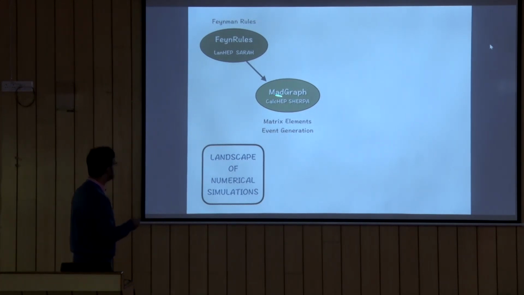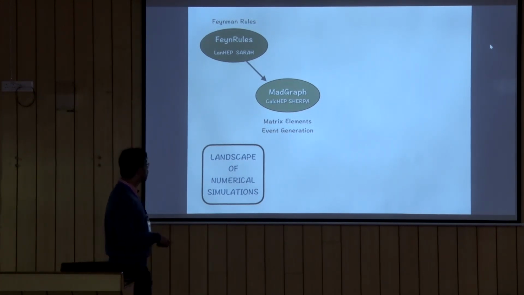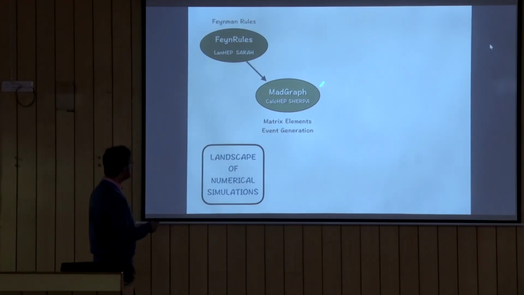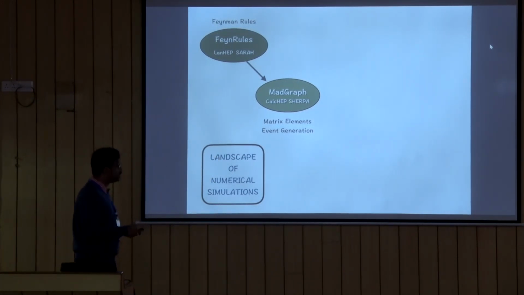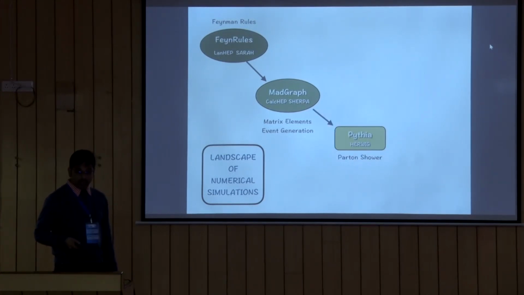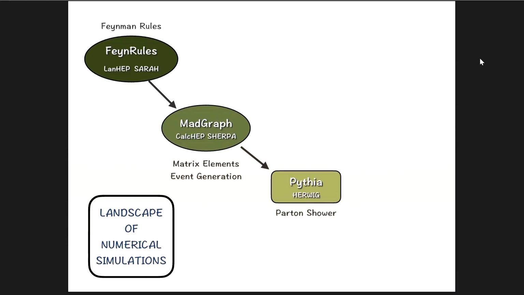It was, I think, one of the oldest software packages which calculates all these cross sections numerically. MadGraph is the most modern one that you can use. And then there is showering and hadronization that you can do using Pythia, which is almost embedded in the MadGraph tool.